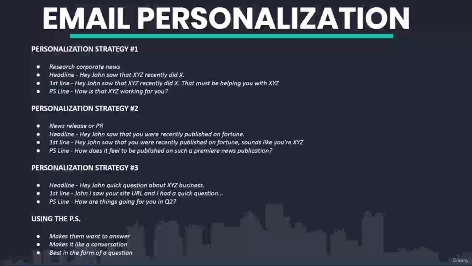And then the first line: hey John, saw XYZ recently did X. That must be helping you with X, Y, and Z, right? And then the PS line: how is XYZ working for you? The PS line is optional, but you are asking them a question about what they recently did or accomplished, maybe a new product that they released, whatever that may be, right?